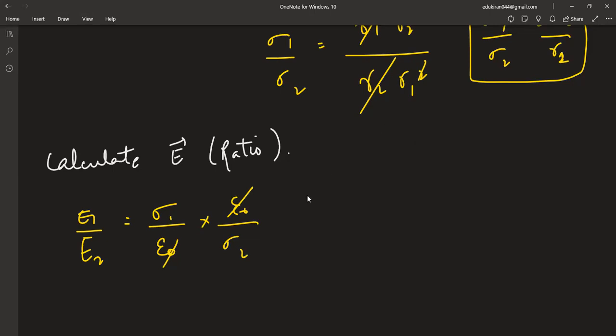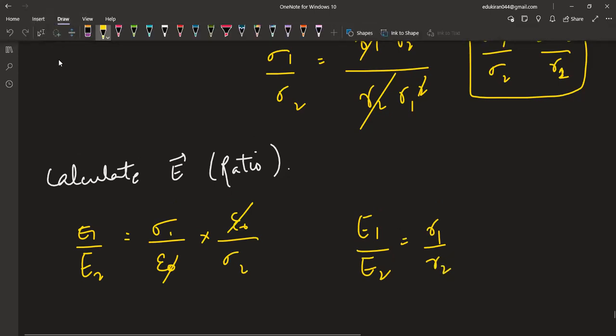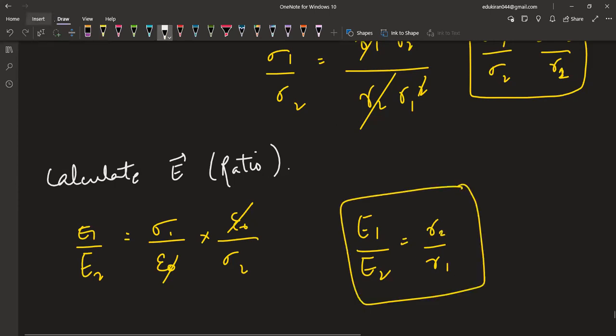Now you have the value of sigma 1 by sigma 2. So again, E1 by E2 is equal to R2 by R1. Clear? You will handle these types of questions, whatever is asked. Note down this.